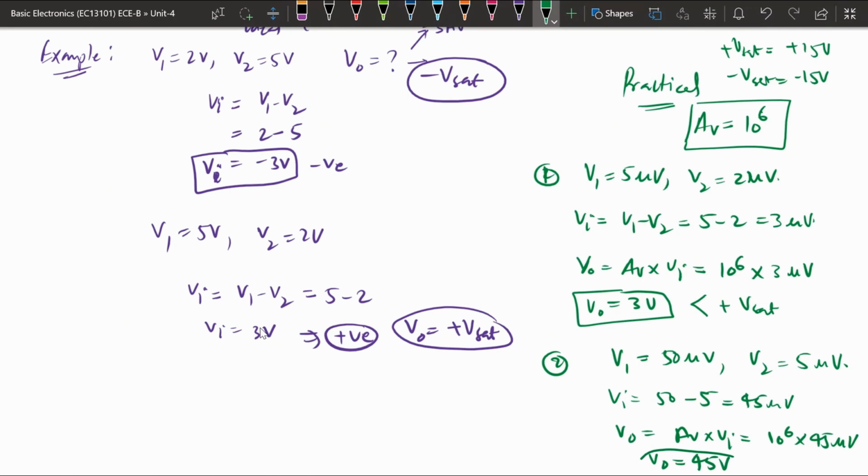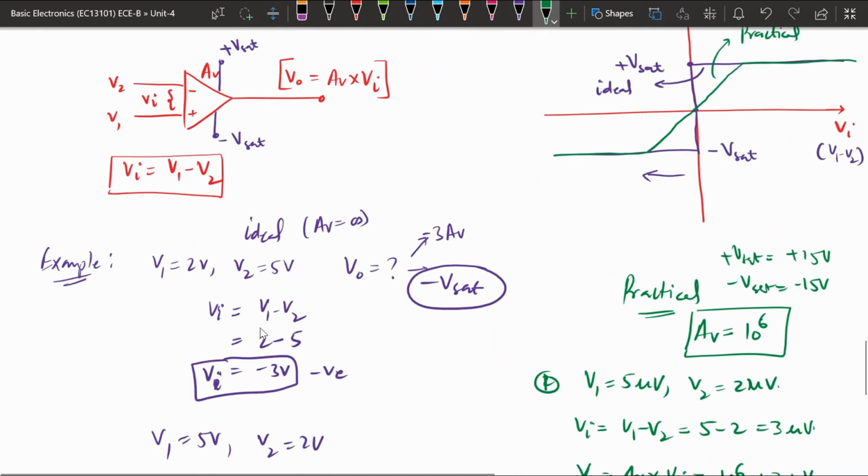So the output voltage is 45 volt and this is greater than plus V sat, that is 15 volt. As the output voltage is greater than plus V sat, the output will not be 45 volt, as we can see by using the curve.